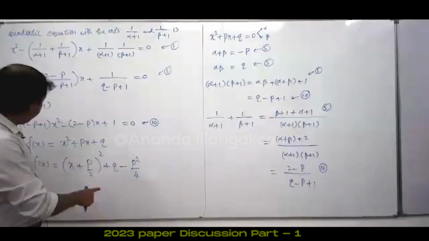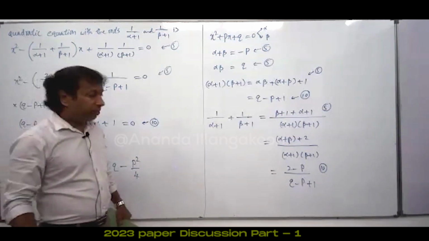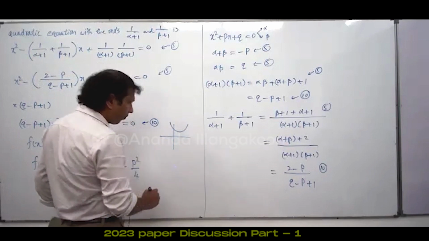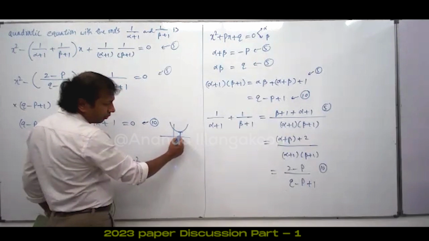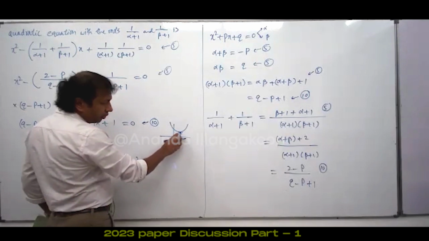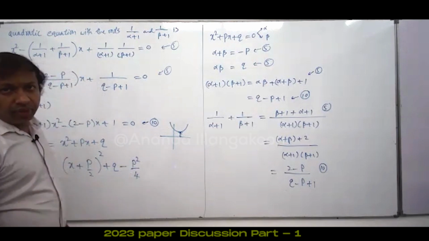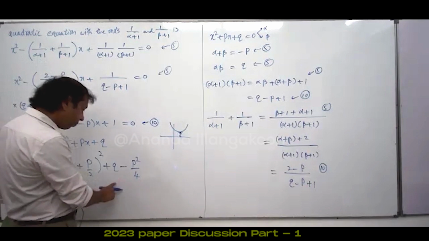Then this graph has a positive x squared coefficient, no? It is a minimum graph. The graph is like this. The minimum value means this lowest height. This lowest height is the y coordinate of the what? Vertex. That's only given by this.